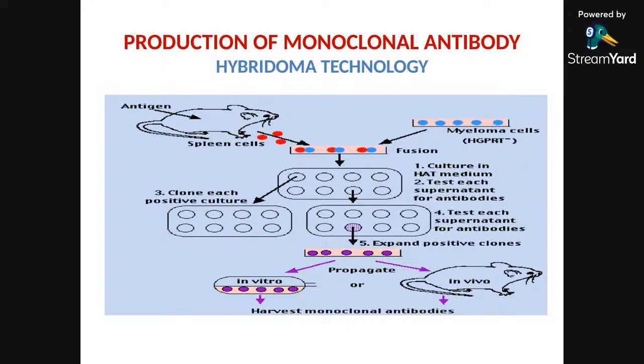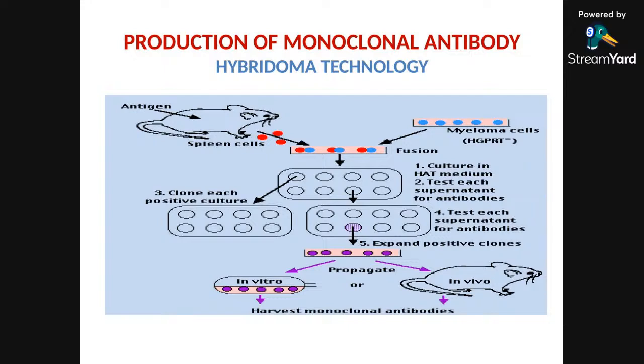Then there are myeloma cells. Myeloma cells are cancer cell lines. They lack the HGPRT enzyme, hypoxanthine guanine phosphoribosyl transferase, so they will not grow in HAT media.